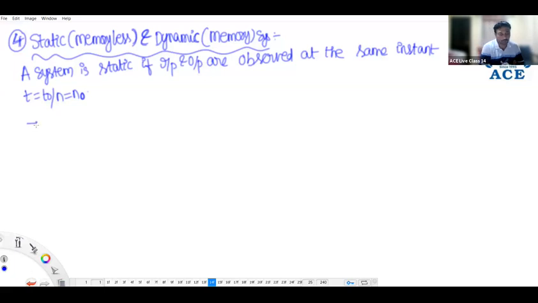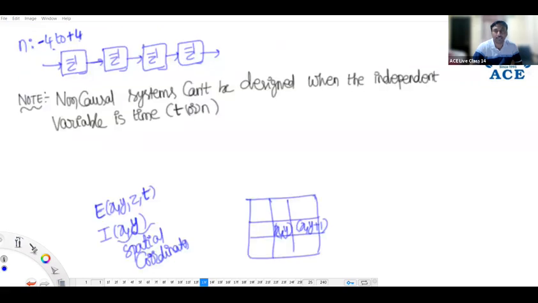Let us verify a few examples here. e power minus 2t plus 3 into x(t). Again, your job is checking the parenthesis: output time versus input time. Static or dynamic now? y(t) versus x(t).